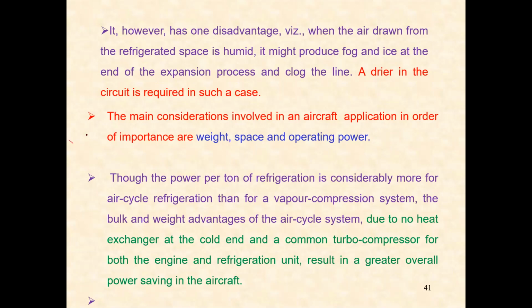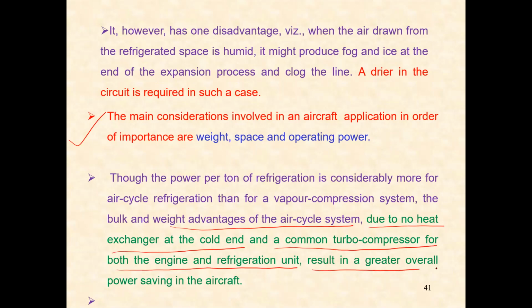Now this point is very important. The main considerations involved in an aircraft application, in order of importance, are weight, space and operating power. Though the power per ton of refrigeration is considerably more for air refrigeration than for a vapor compression system, the bulk and weight advantages of the air cycle system, due to no heat exchanger at the cold end and a common turbo compressor for both engine and refrigeration unit, result in a greater overall power saving in the aircraft.